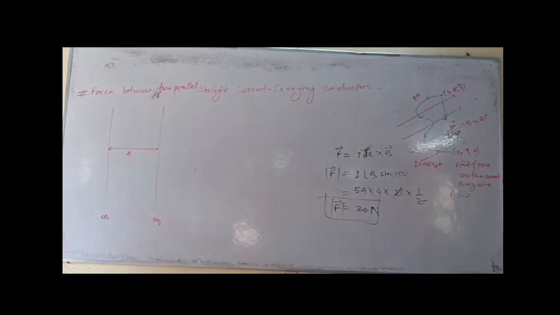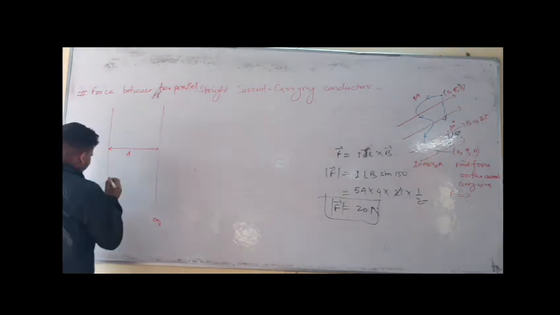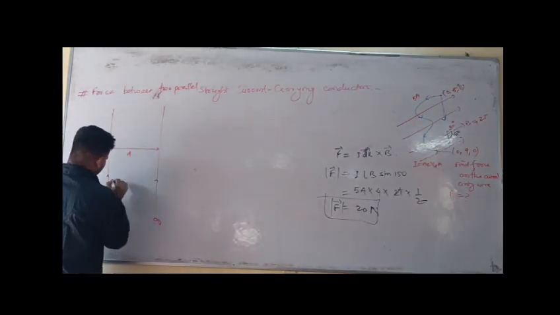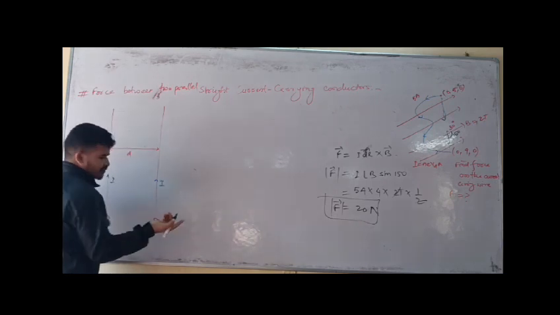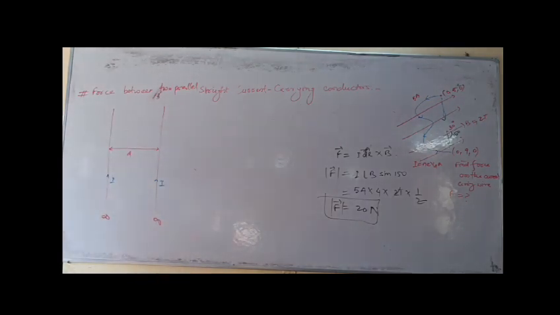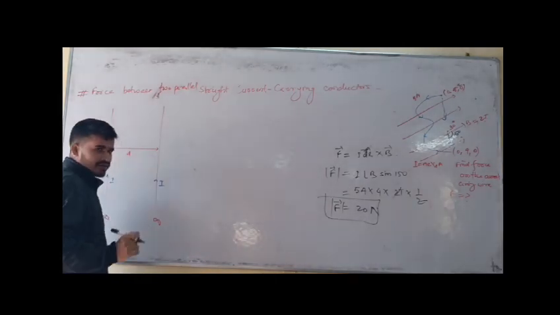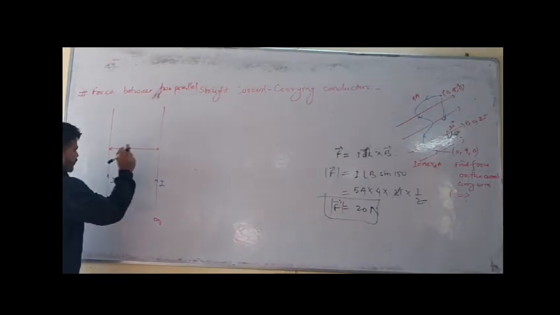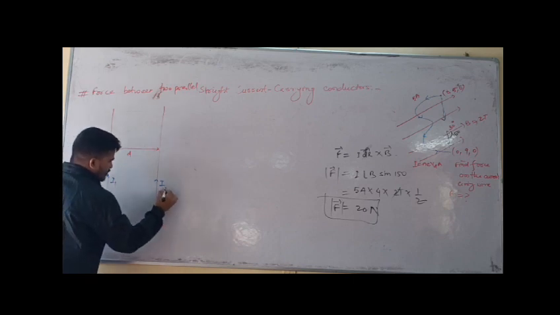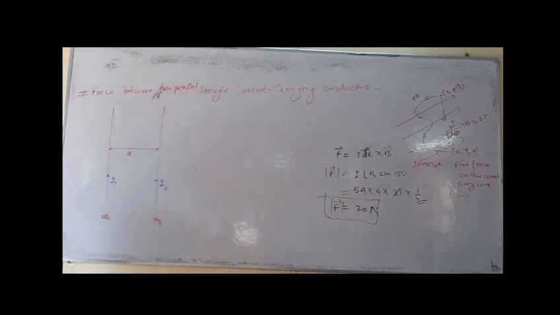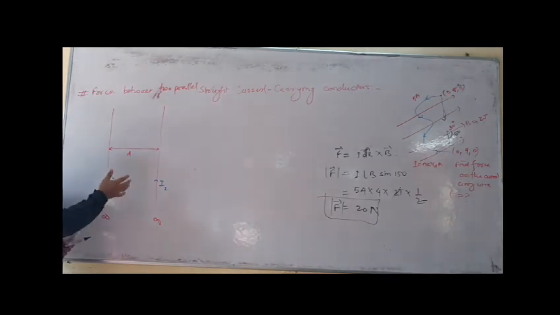Now game starts. The direction of current is the same. I am taking case 1, same. If the direction of currents are the same, tell me what will be the magnetic field here. This is I1, this is I2. I will consider the right hand thumb rule.